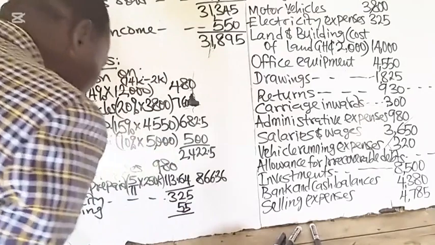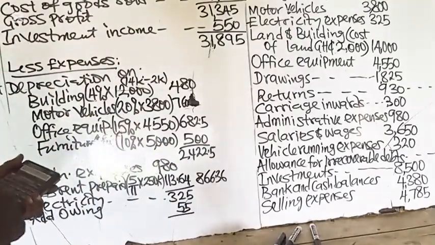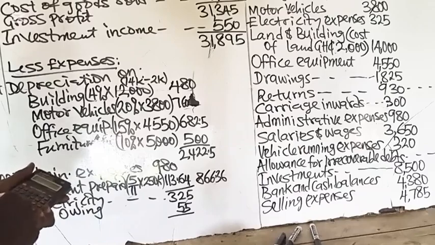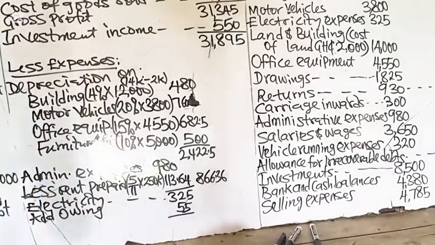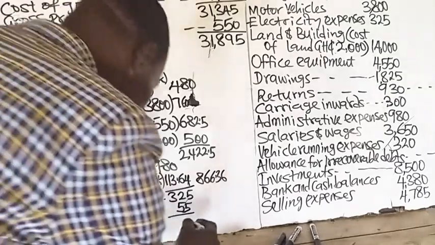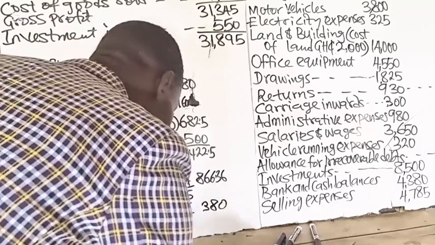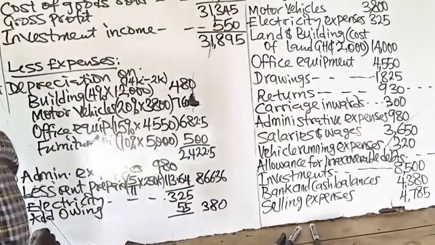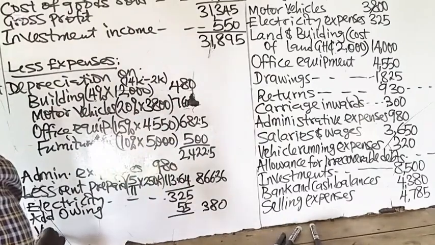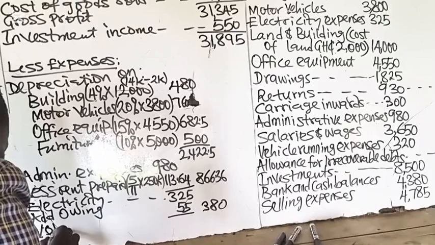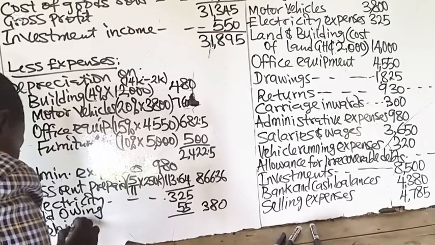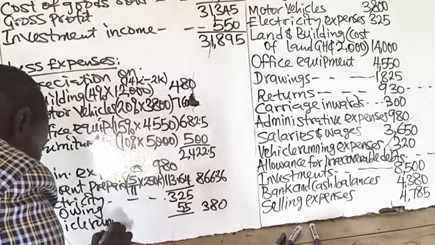If you add the 55 to 325, the 55,000 owing is in note 5 in additional information. So we have 380. After that, we have vehicle running expenses.